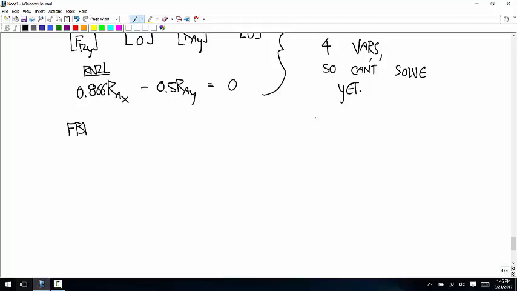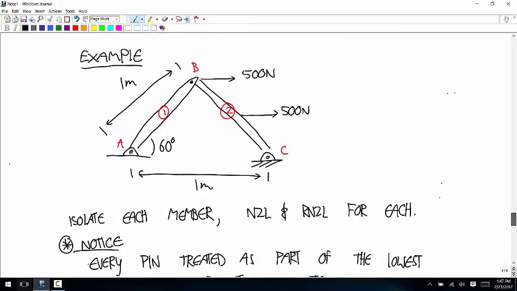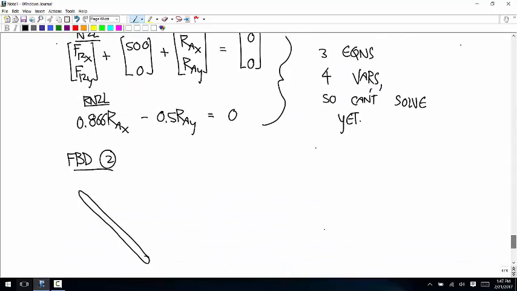So free body diagram of body 2. So what's in contact with body 2? Well, it touches the pin at B. So there's a force on 2 by 1. And Newton's third law says I can write that as negative F12.